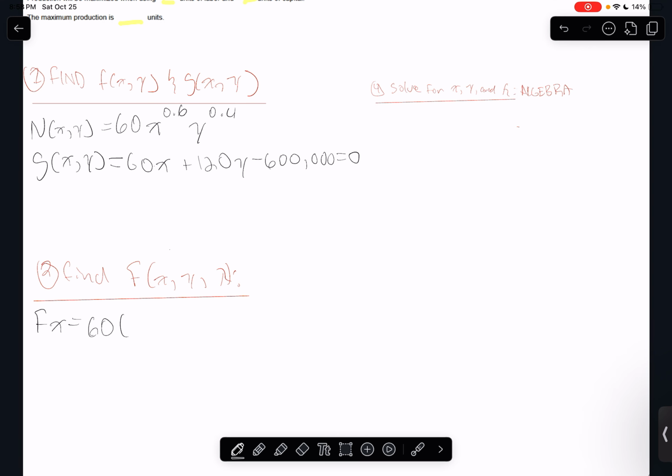And we're not going to forget our power rule, so to speak, okay? So we're going to have 60x, which is going to be 0.6x to the power of negative 0.4, right?